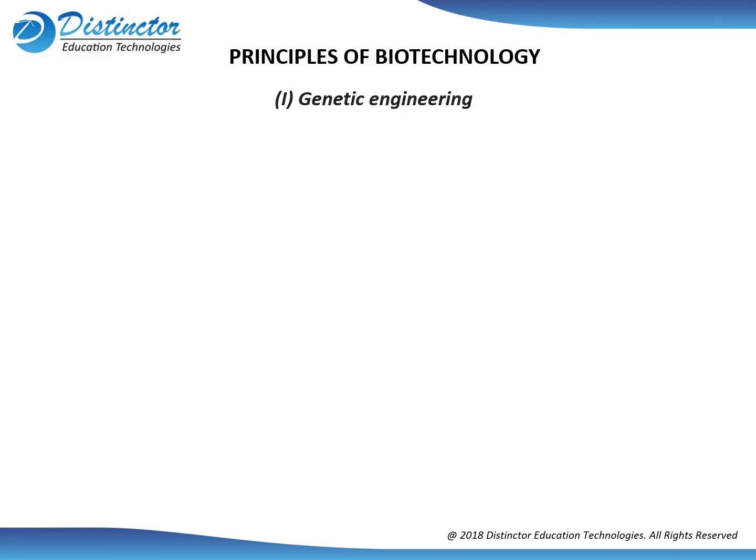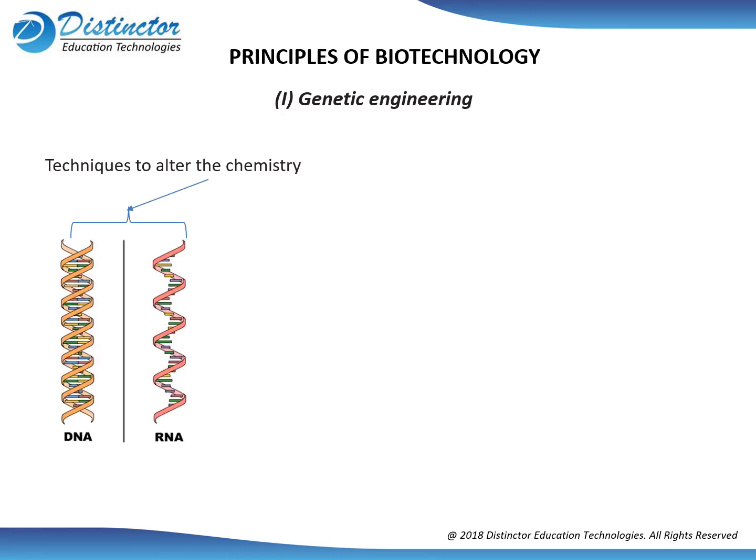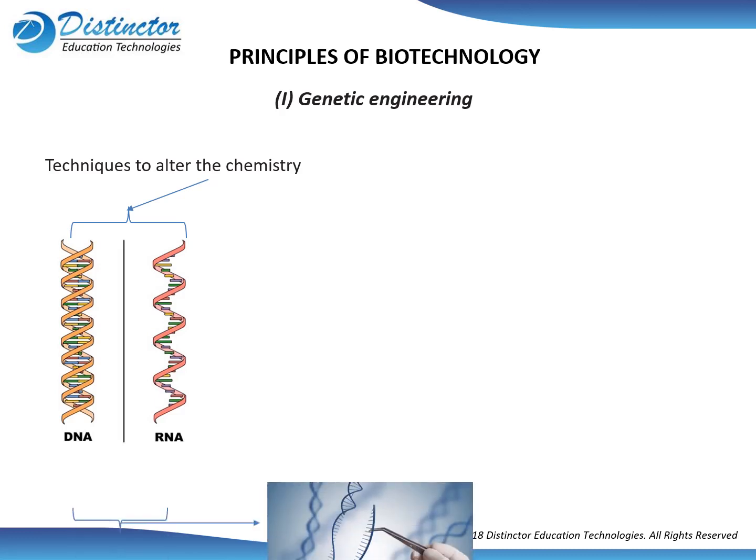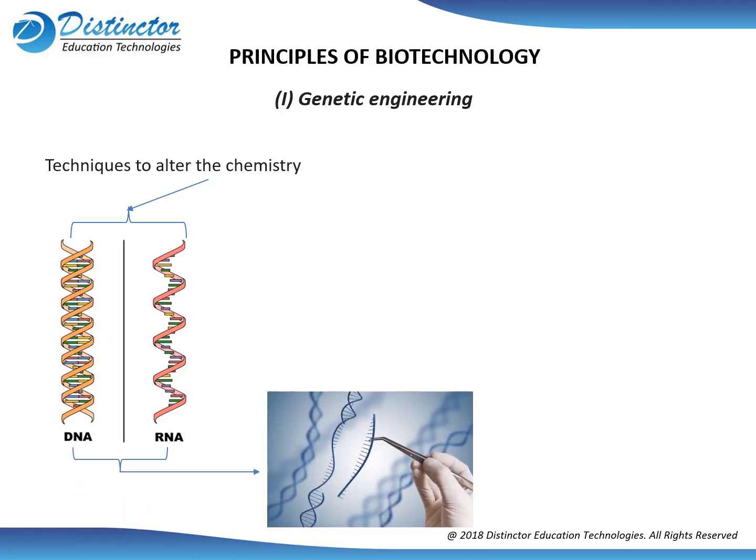Now we are going to see what the basic principles of biotechnology are. The first one is genetic engineering. What is genetic engineering? We alter the chemical composition of DNA and RNA. The techniques used to alter DNA and RNA are called genetic engineering.